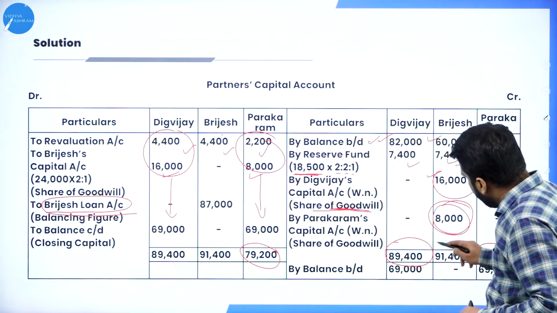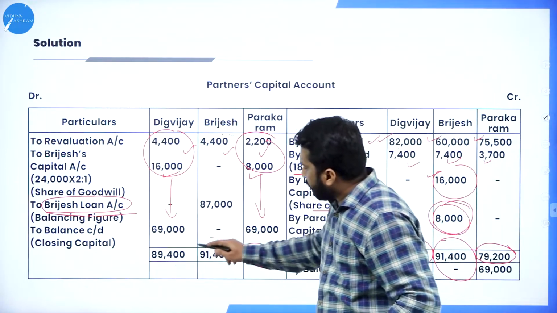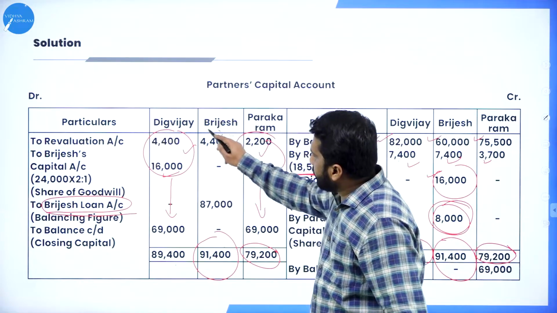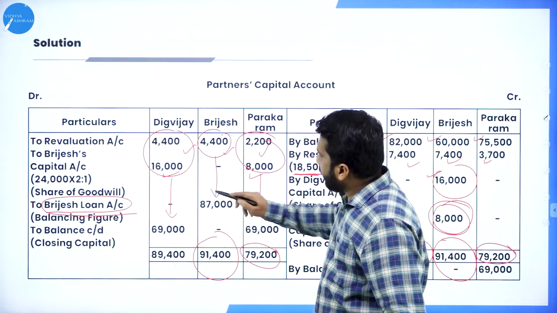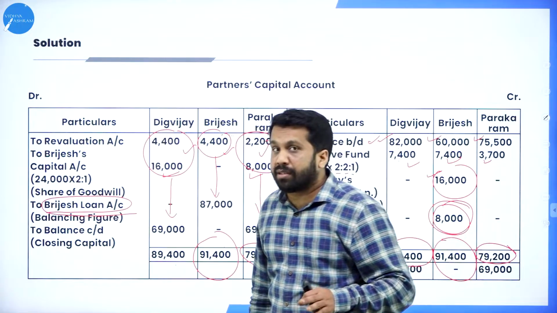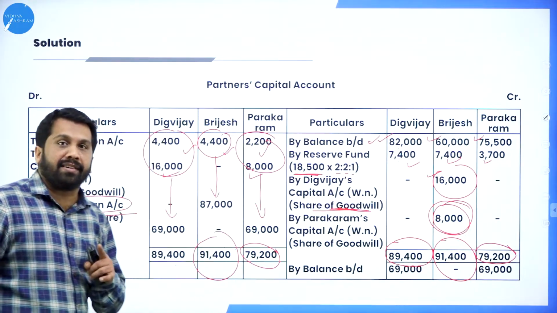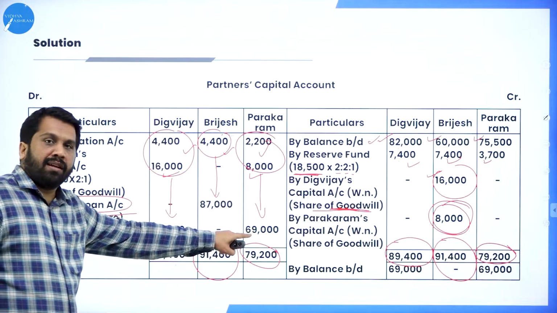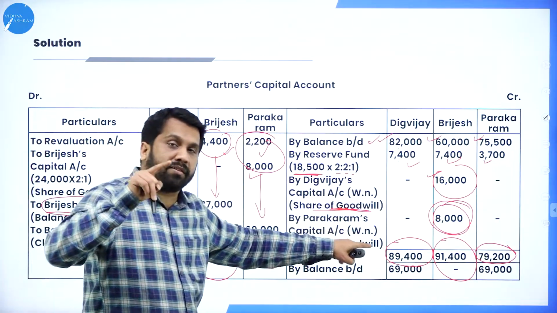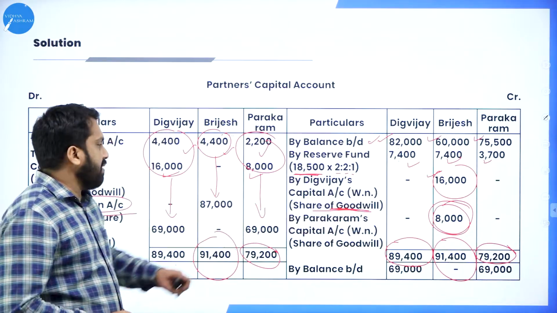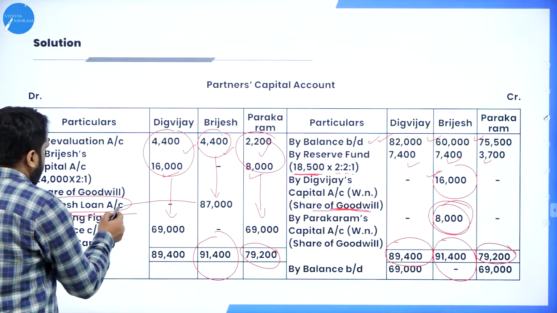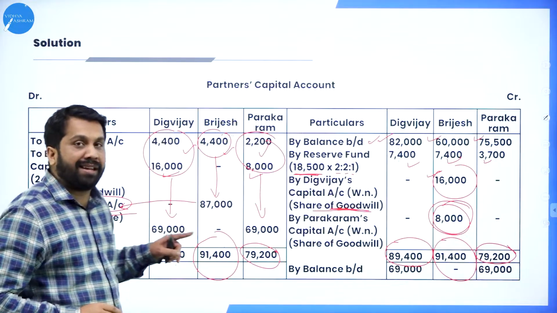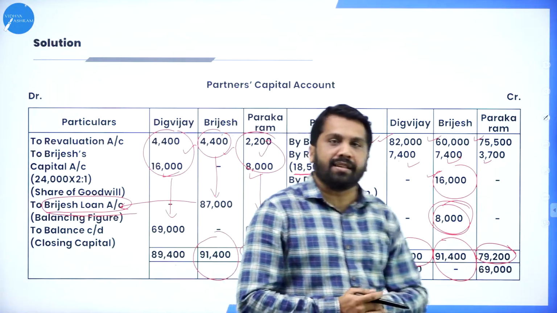Same procedure, 91,400 minus all this, you will get 87,000. Hope you are clear. Your balance carried on is not all three, only this one and this one. And what is the balance of the retiring partner? That should be treated as loan. We cannot call it balance carried on. We have to treat it as loan.